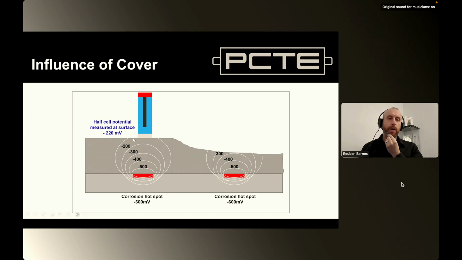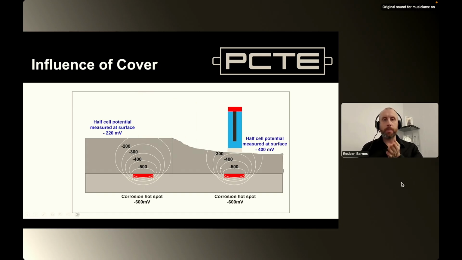So if we have quite a large cover, we're quite far away from the anode. In this position, we have a negative 220 millivolts reading. Now we move to the other position, same anode, less cover.